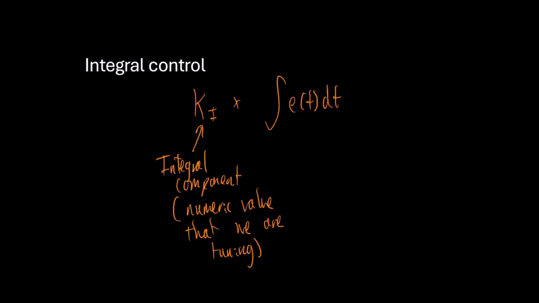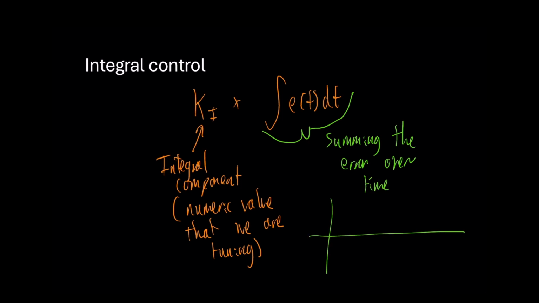And then this part over here, which I'll draw in green, this integral, well, that is summing the error over time. So if I draw you a graph here, that horizontal line is our set point, and this blue line is our steady state.